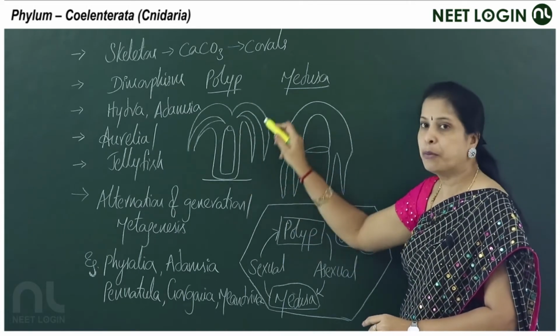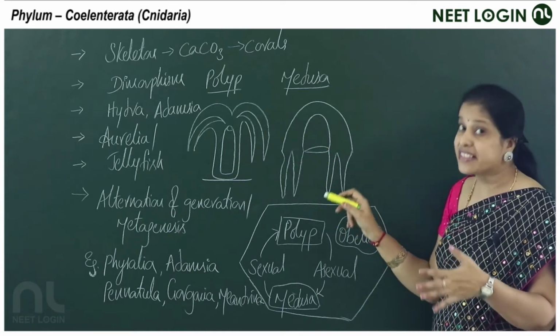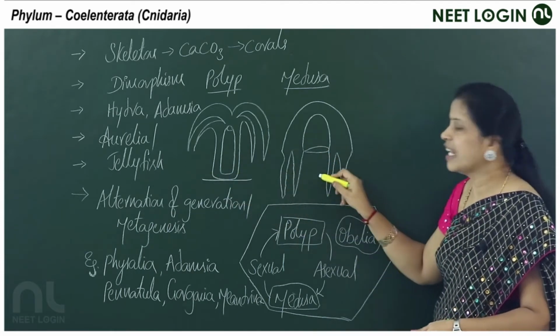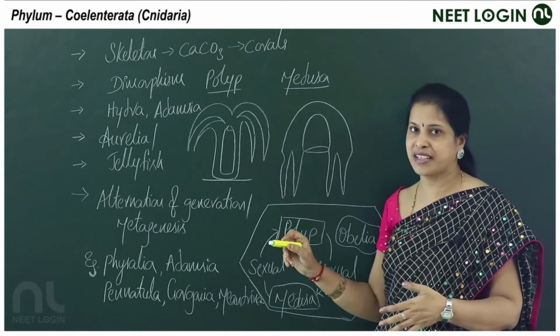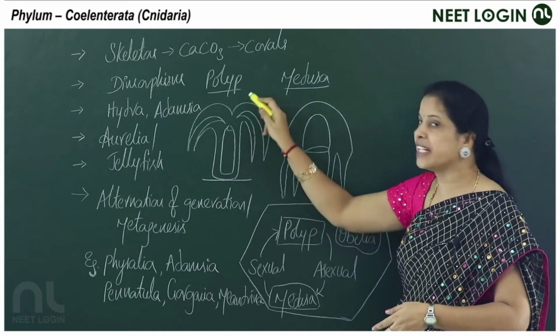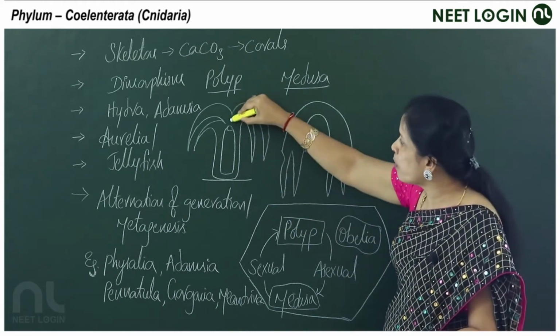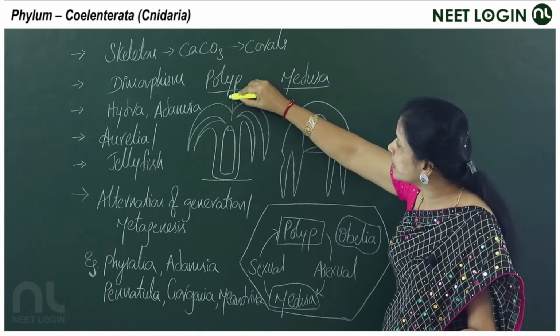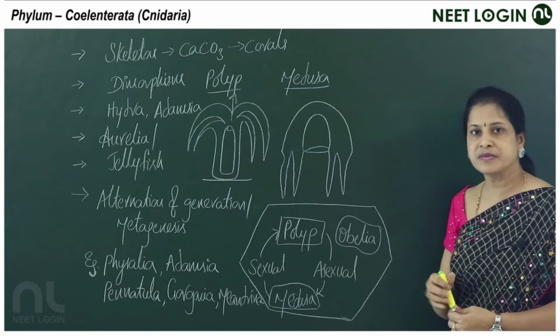In them, the body is cylindrical shaped and they are sessile. As I draw the line underneath, it represents that they are sessile, attached to the substratum. So they have a cylindrical shaped body, sessile, and you are observing the mouth is oriented upwards.